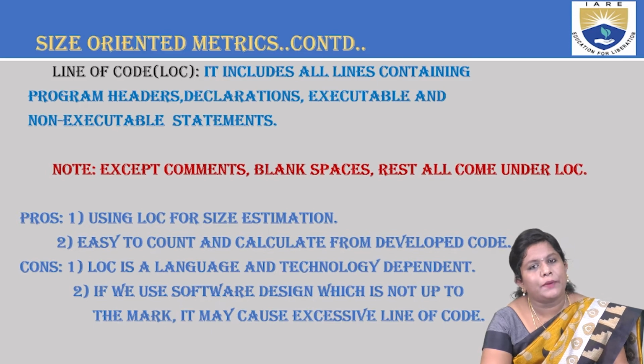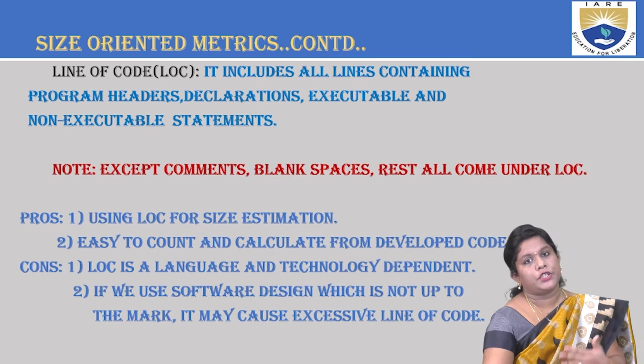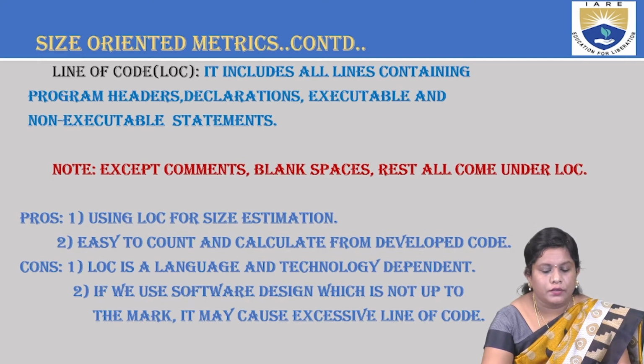It helps the developer reduce or remove unnecessary things which are not required in the code, so that the program is reduced and the execution time is also reduced. The next advantage is that it is easy to count and calculate the developed code.